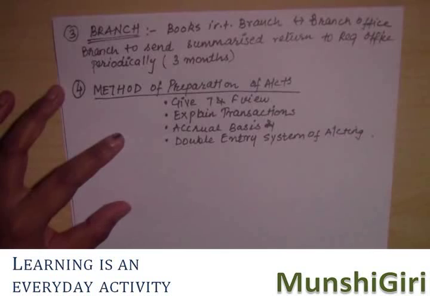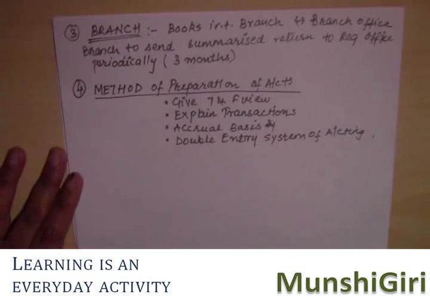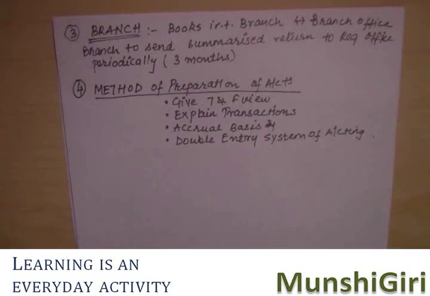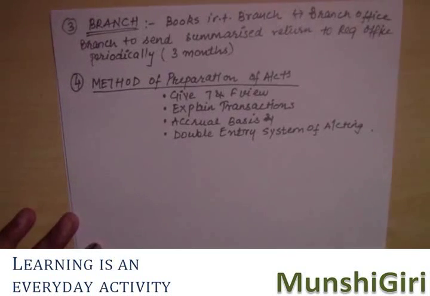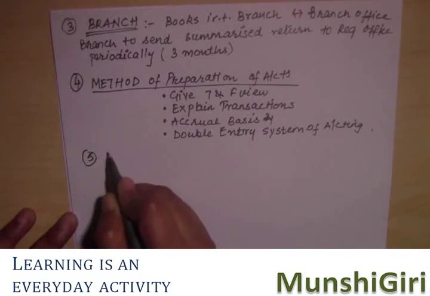Now comes the mode of keeping the books of accounts. That is, how can the company keep its books of accounts? Whether it has to keep them manually or whether they can be maintained in electronic form. This is the fifth point.